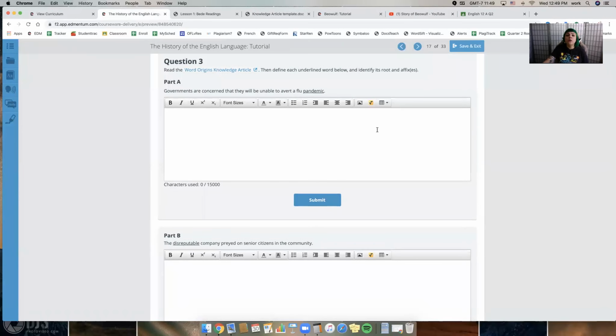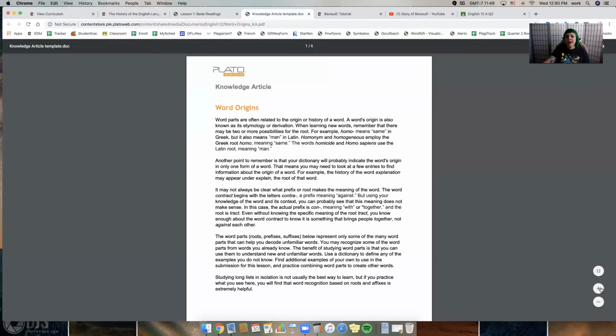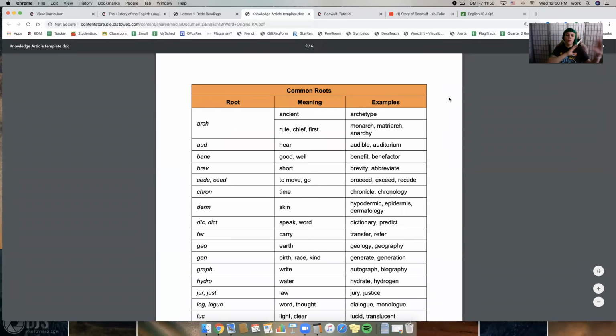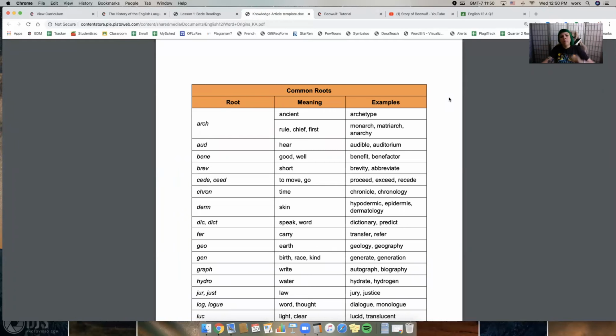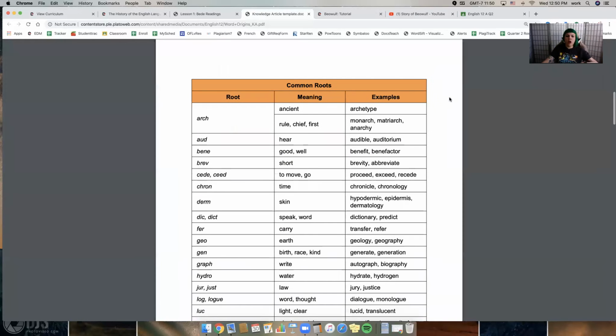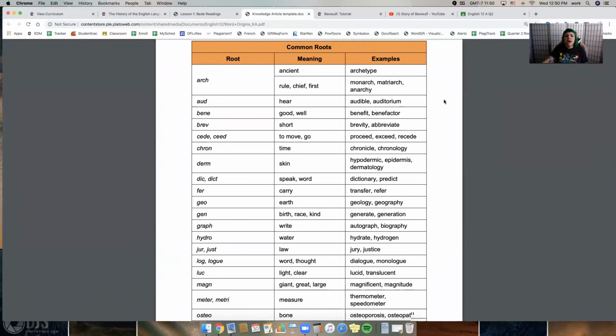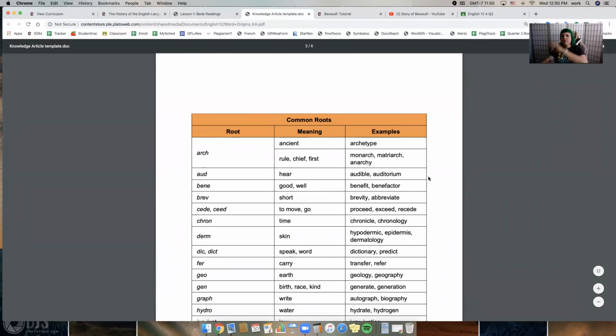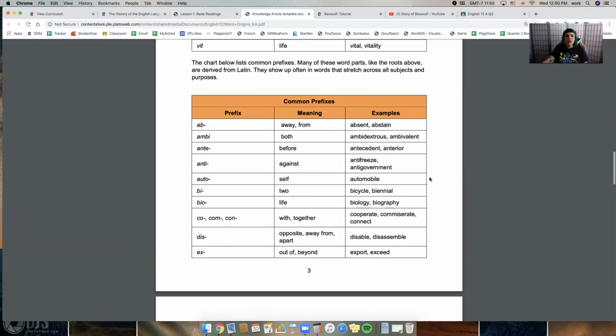Question 3, word origins knowledge article. Whew, there's a lot of words there. This one is a good one to definitely use while you're going through. But hopefully in the past you've learned about roots and affixes, prefixes and suffixes, and you've seen something like this before that's like, this is the root, this is what it means, here's it used in a word.